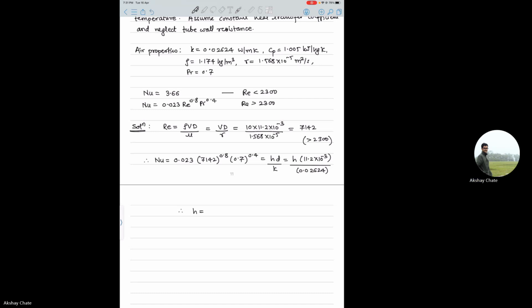So yeah, we have 0.023 into 7142 raised to 2.8 into 0.7 raised to 0.4 into 0.02624, and you need to divide by 11.2 into 10 to the power minus 3.